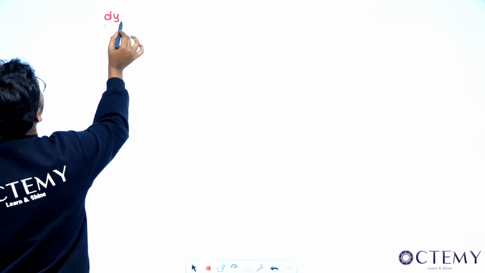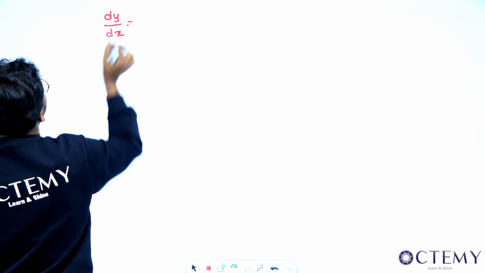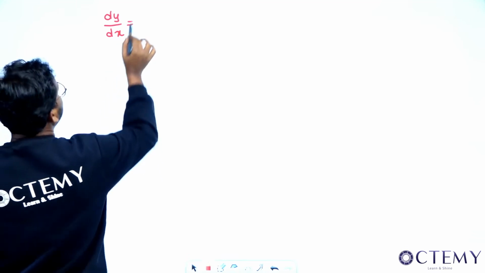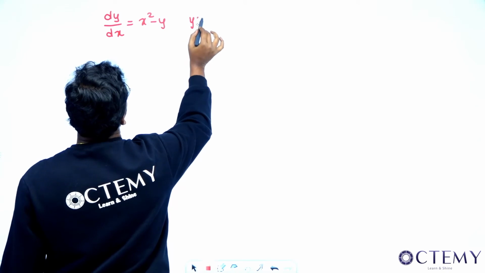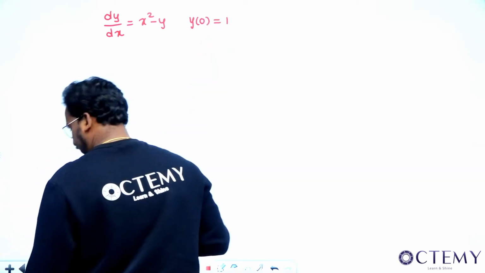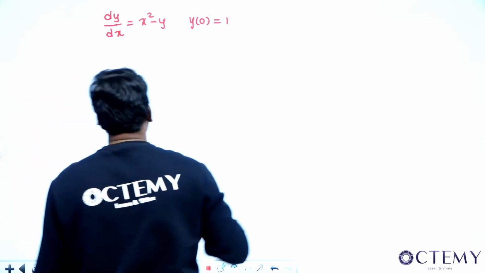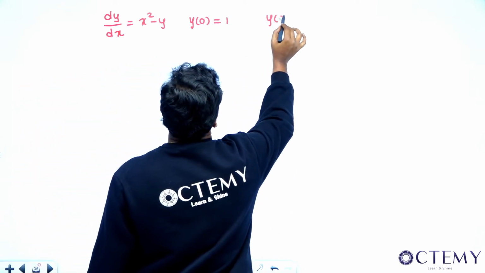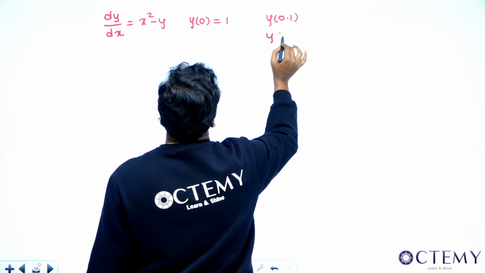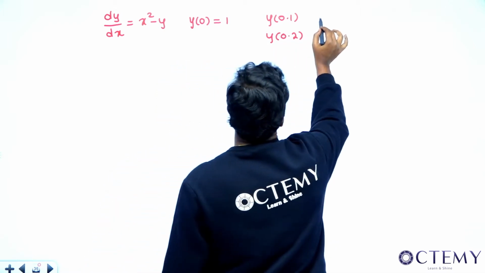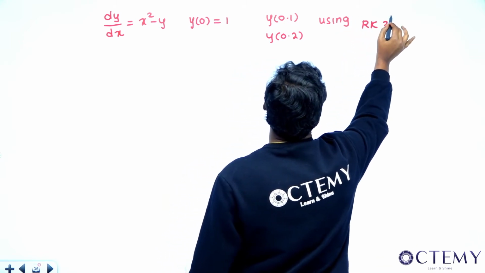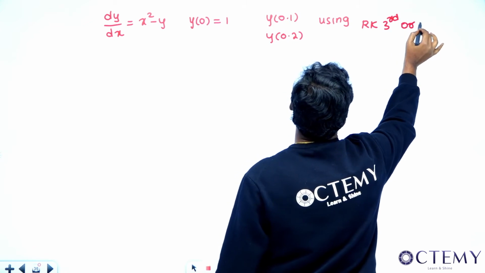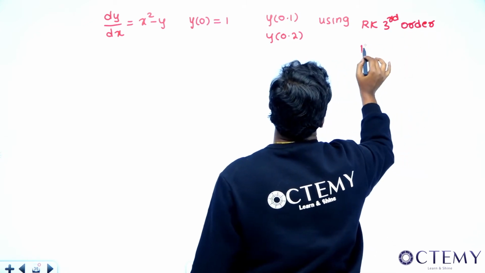Given the differential equation dy/dx = x² − y, and the initial condition y(0) = 1, find y(0.1) and y(0.2) using both RK third order and RK fourth order methods.